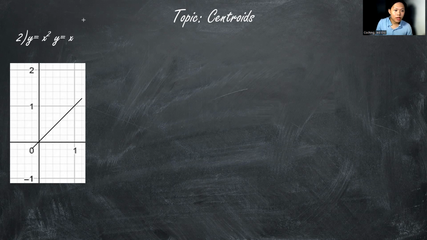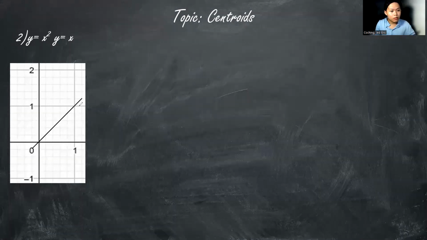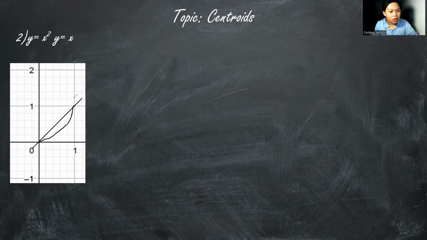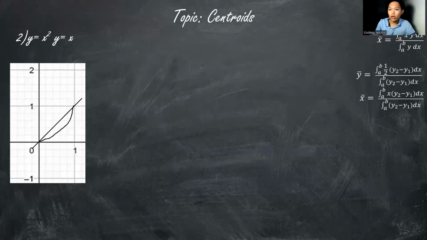If we graph that, it's going to look something like this. And this is the area between curves that we need to find. Now we can use our formulas to get the centroids in curves.